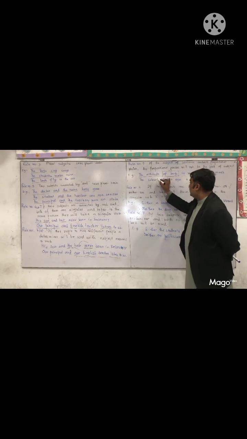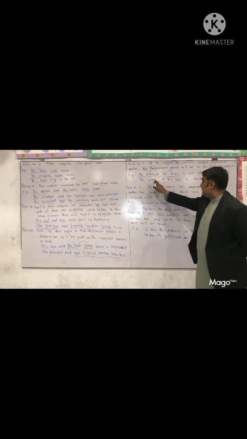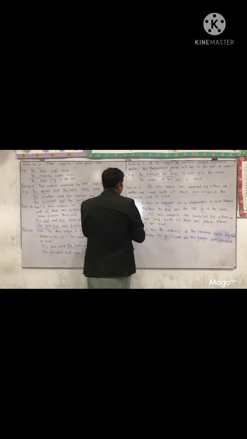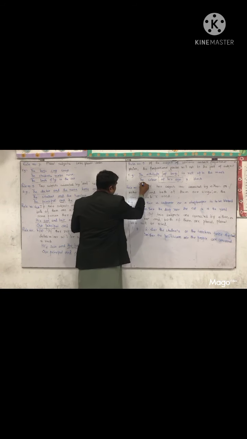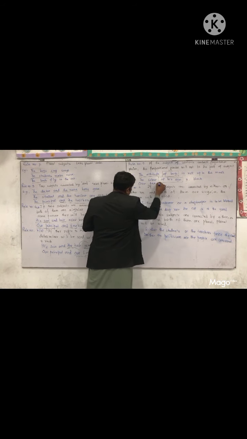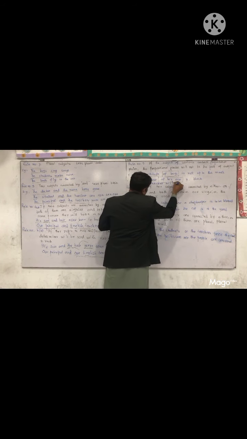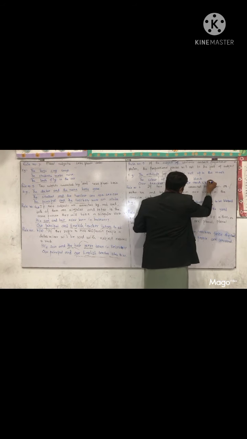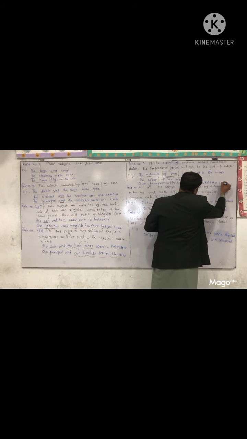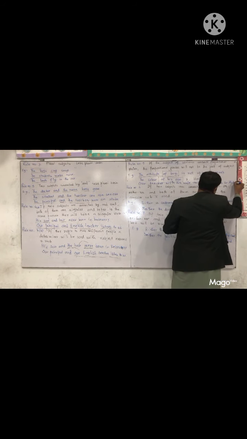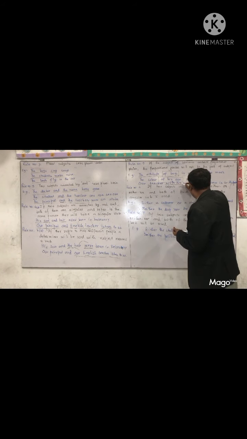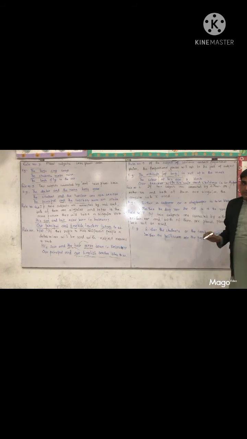'The color of his eyes.' 'Of his eyes' is a prepositional phrase. 'The color' is singular. We use a singular verb with it. 'Our teacher with his wife and children is in the party.' Now, 'with his wife and children' is a prepositional phrase.